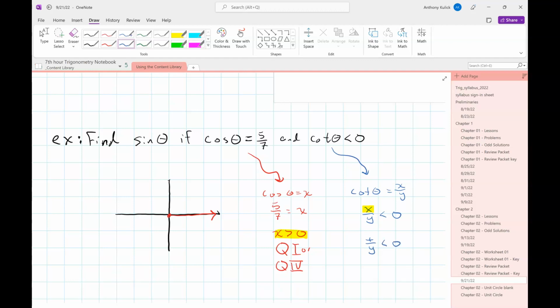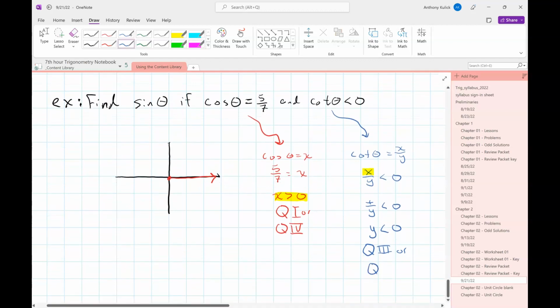And the only way for a positive divided by negative to give me a negative number is if y is negative. And where is y negative at? That would be quadrants 3 or quadrant 4. So where should my terminal side be located? In quadrant 4.